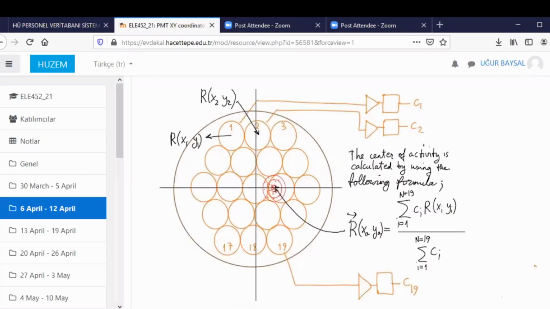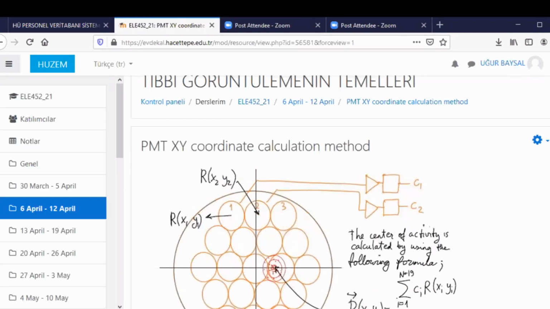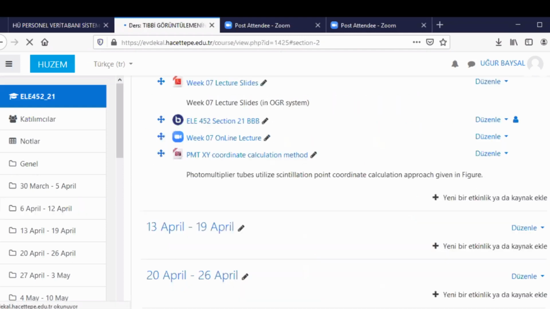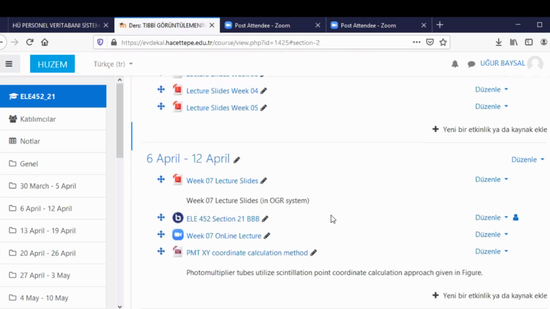Now, in that Zoom course page, week 6, 12 April, you have some events, okay? First of all, some files. The file lecture slides had been covered in the first session, first hour, and we are now in online lecture with Zoom.